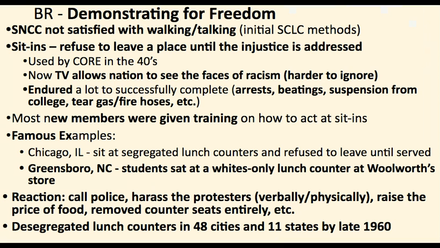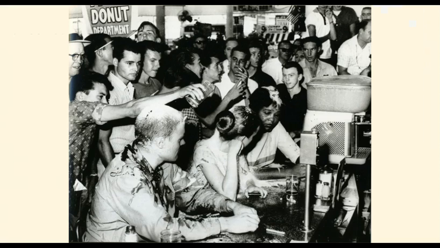In the end, through this process and through this commitment that a lot of these groups had, desegregation of lunch counters happens in 48 cities across 11 different states by the end of 1960, which is a huge, huge win. Even though it might feel kind of small, it's a big step in the right direction.